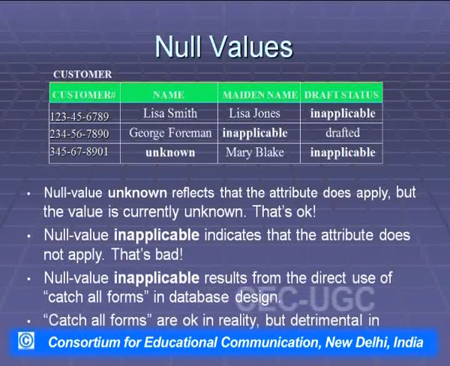Null value inapplicable indicates that the attribute does not apply. That's bad. Null value inapplicable results from the direct use of catch-all forms in database design. Catch-all forms are okay in reality, but detrimental in database design.